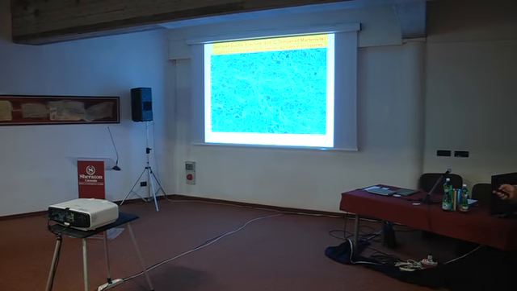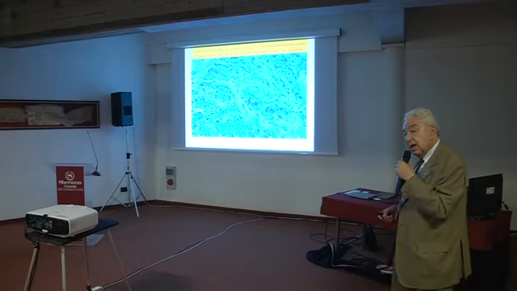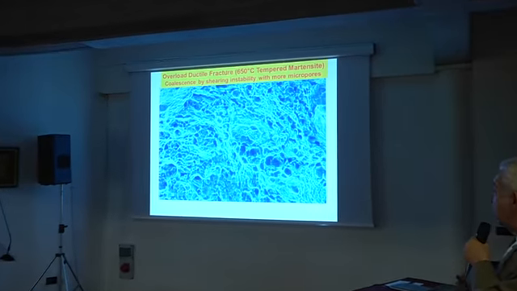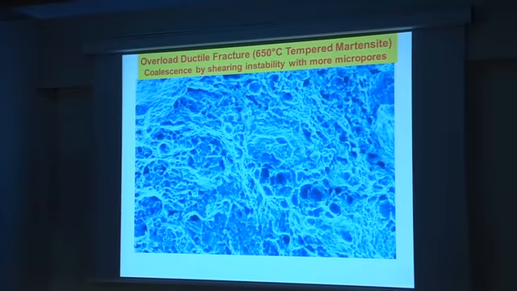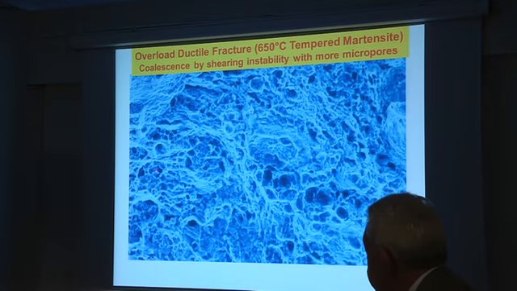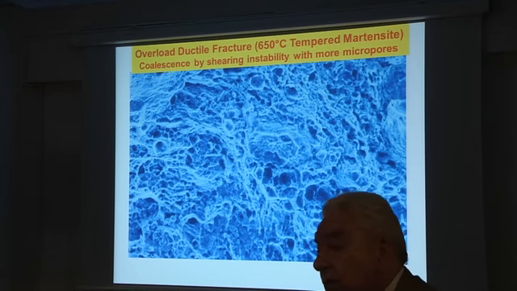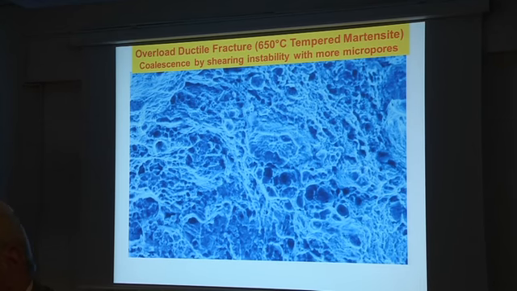And if you go further in tempering temperature, almost close to the maximum, you see that the situation shows more micropores, and you go towards the maximum of the range of fracture toughness that we were saying before, 100, 110, 120. It depends much more in this case on the size of the component.